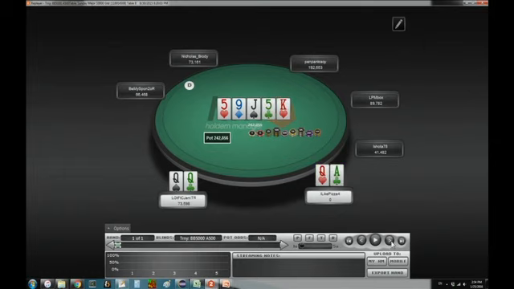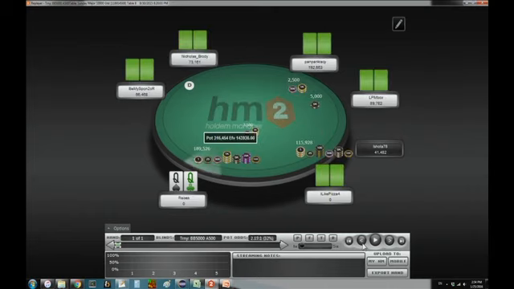The only weakness of his play, I think, is that it's a bit predictable what his hand is in this situation. If he had a hand as good as pocket aces, then he shouldn't be doing this. He should just be raising small, because it's good enough that he's happy getting it in against me or Pancracy.